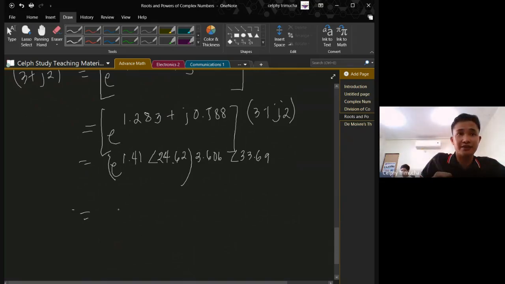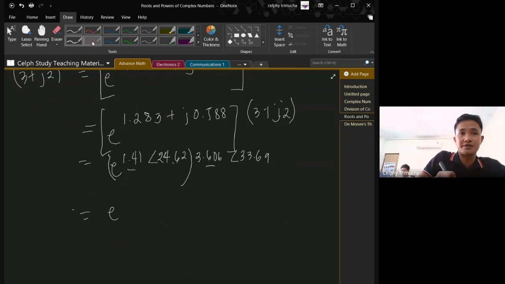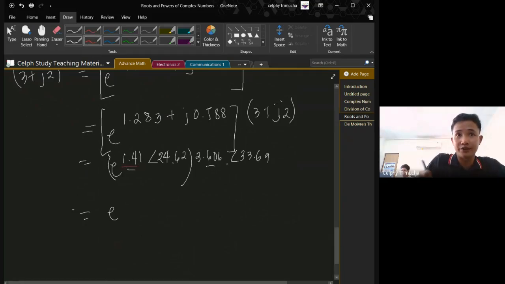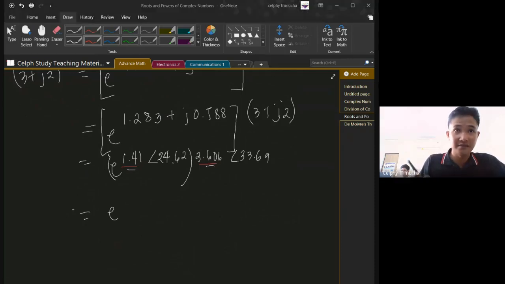So we have e raised to the power of 1.41 times 3.606. So 1.41 times 3.606. We have 5.088.